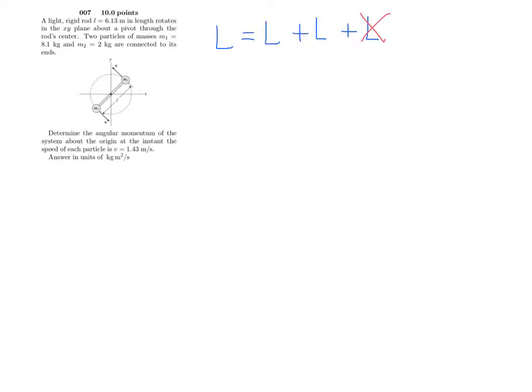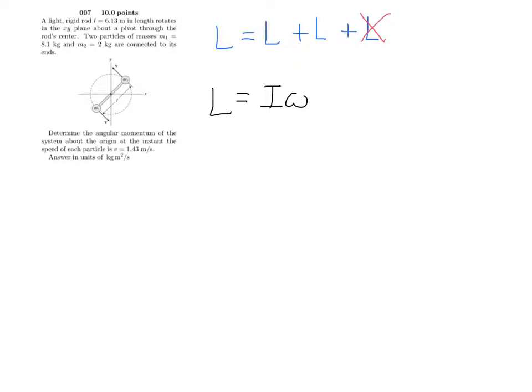Now the angular momentum of any mass, no matter how it's distributed, will be the moment of inertia times the angular velocity omega. This is similar to p equals mv, but instead of p, the linear momentum, equaling the mass times the velocity, here we have the angular momentum is the moment of inertia times the angular velocity.